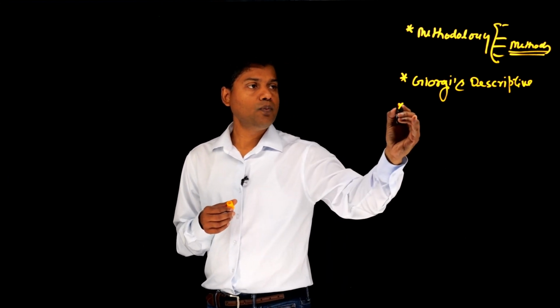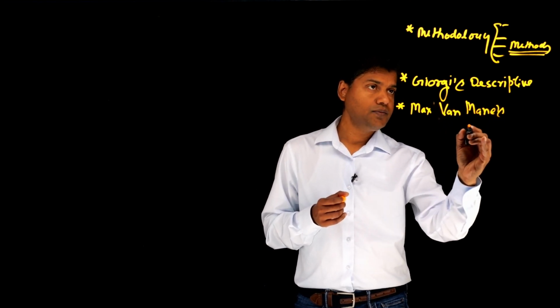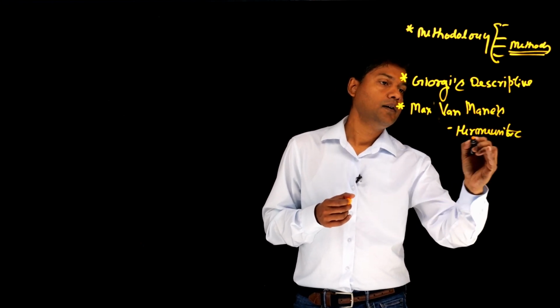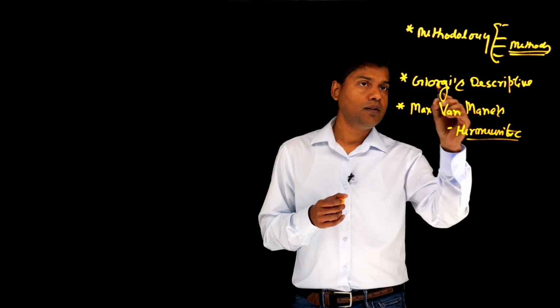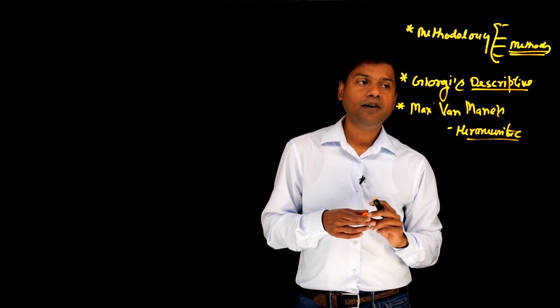The second one we are going to talk about is Max van Manen, and his phenomenology is called Hermeneutic phenomenology, while Giorgi's is called Descriptive Phenomenology.